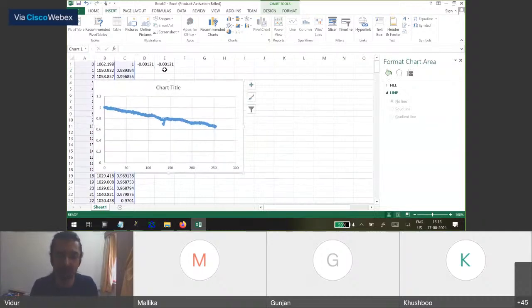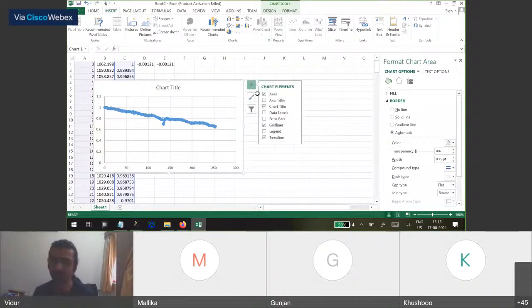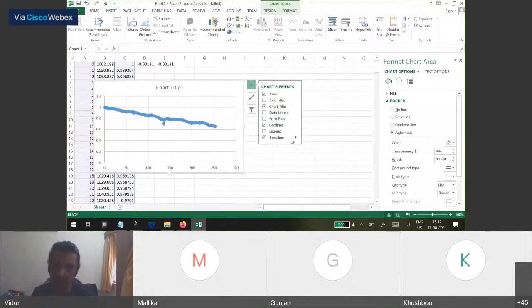And just to show what this equation is doing, I'm also going to do it on the chart. Now this depends on the version of Excel that you have, but something similar will be there in every Excel starting from 98. So what you do is you click the trend line option and go to more options.